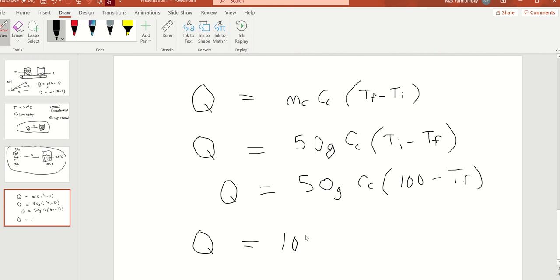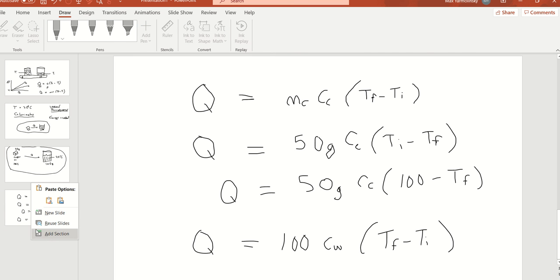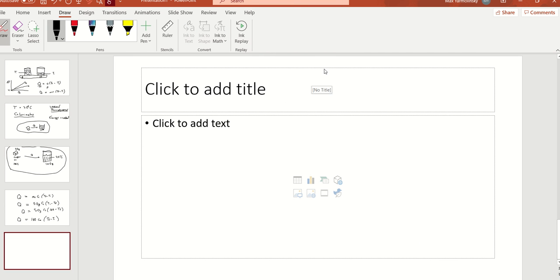So the water is going to go up in temperature. We'll have the specific heat of water here, and then it will be TF minus TI, where the initial temperature of water is given as 20 degrees. So let's continue the calculation.